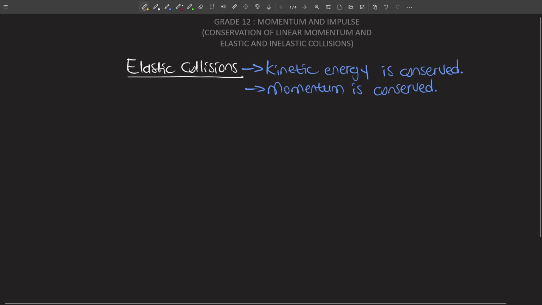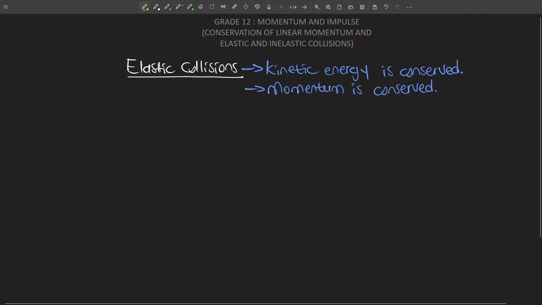is defined as a collision in which kinetic energy is conserved. Momentum is conserved in both inelastic and elastic collisions, so it doesn't really matter that much.